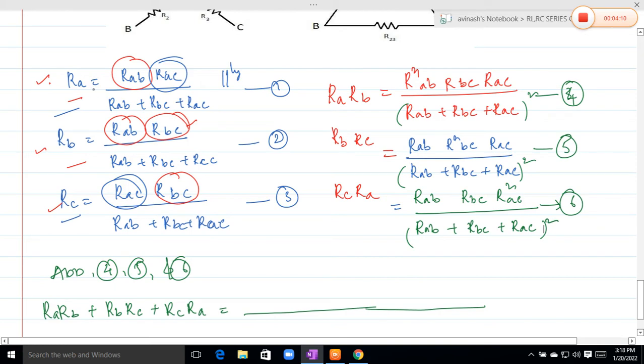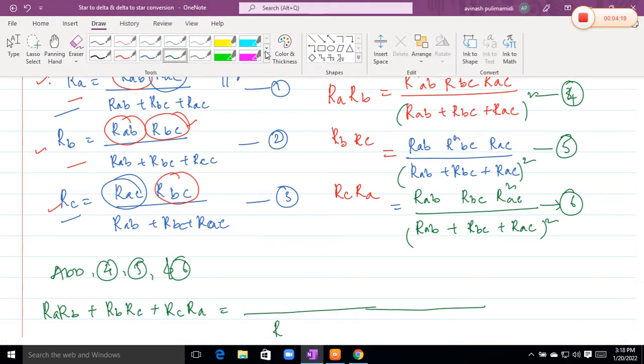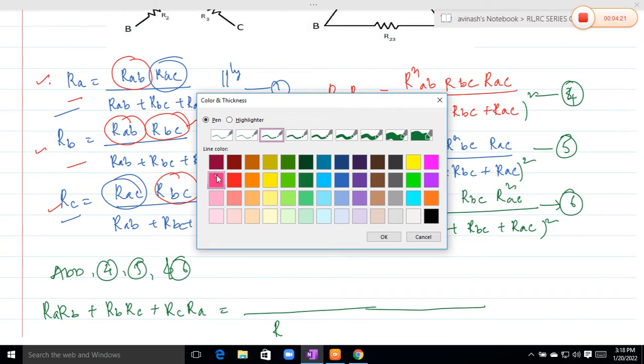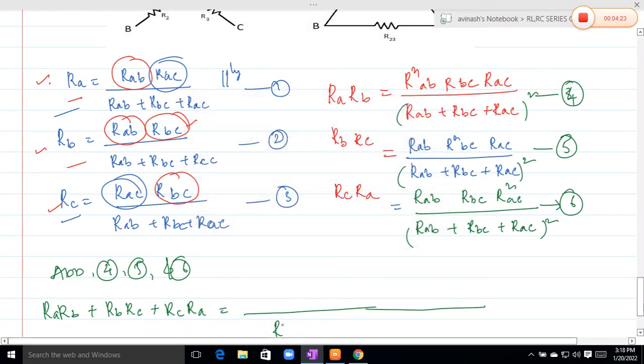If you multiply these two, numerators are multiplied and denominators are also multiplied. Then we get RAB plus RBC plus RAC whole square in the denominator. In the numerator, we take RAB, RBC and RAC common from each section.